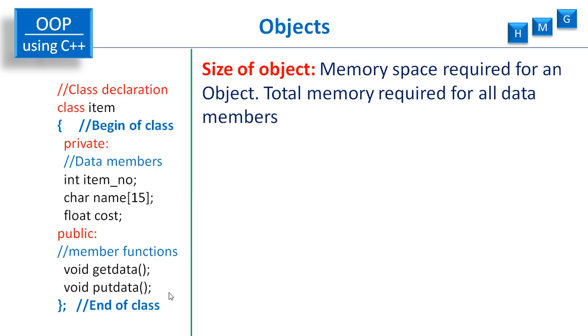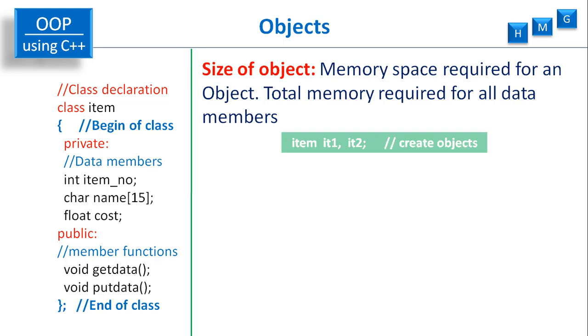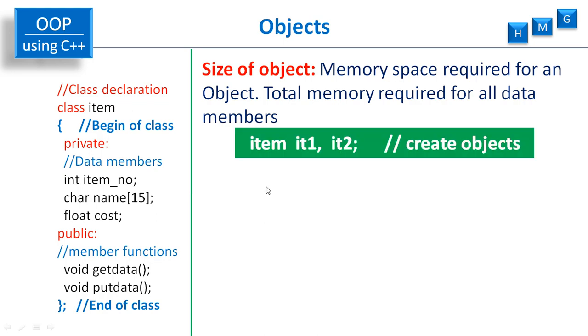So now memory will be allocated for these 3 data members for one object, and separate memory for the 3 data members of the second object, but for get data and put data common memory will be allocated, as we have seen in the last slide. Now the objects IT1 and IT2 are created.